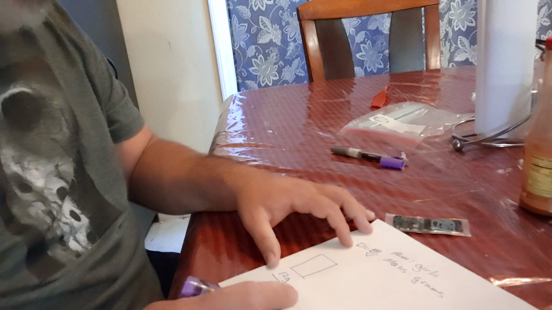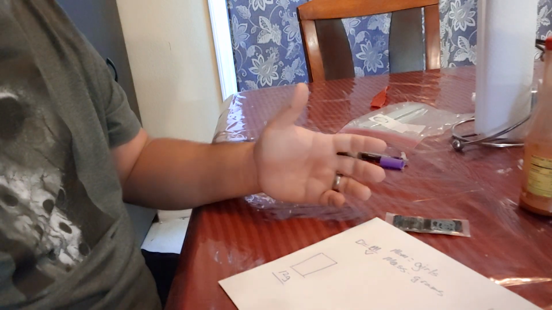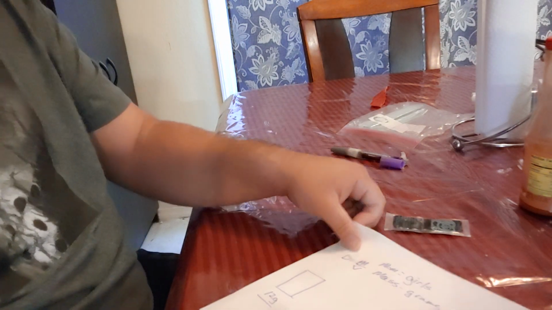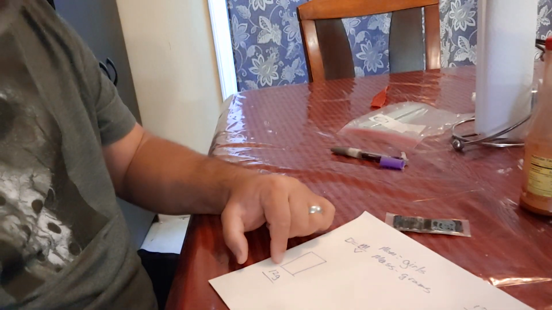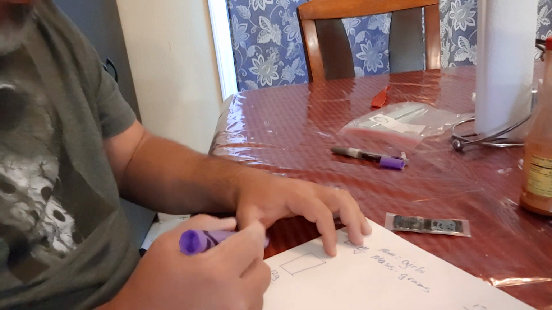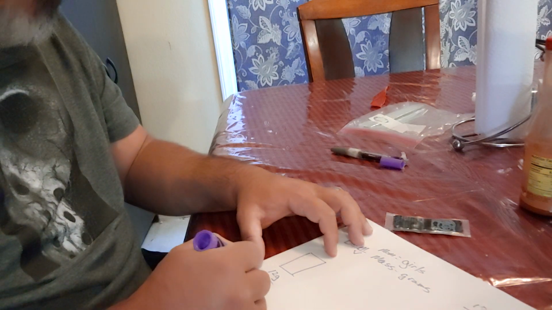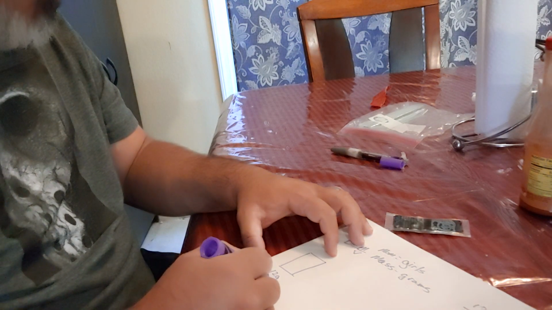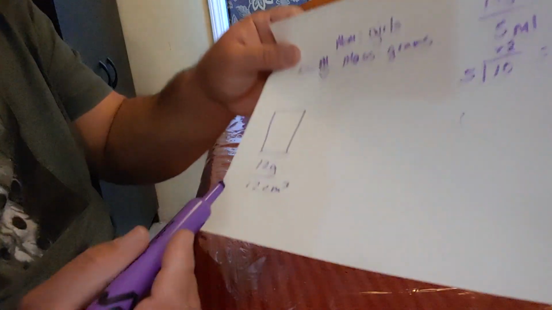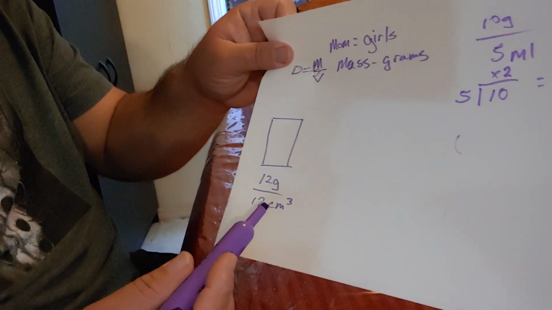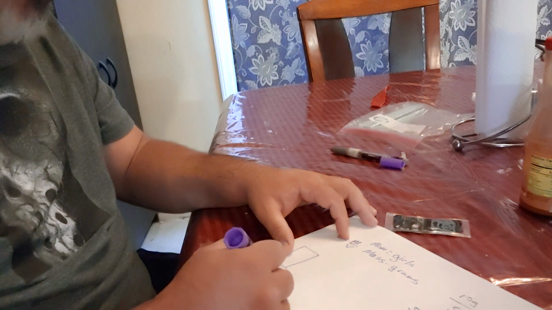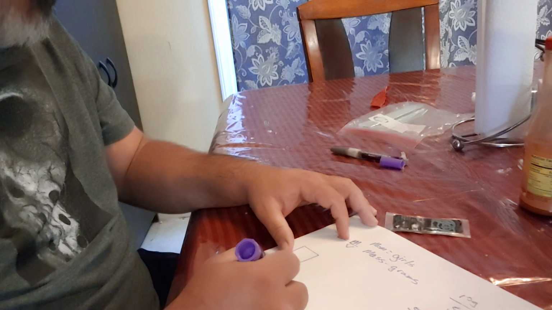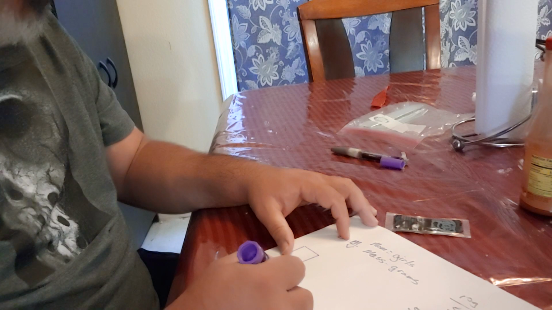It's just like this sheet of paper, right? When I get the volume, hypothetically, let's just say it's going to be 12 centimeters cubed. Do I have to do the math when I see cm³? No, because the math is already done for me. And if I divide, guys, 12 divided by 12 equals 1 gram per centimeter cubed, all right?